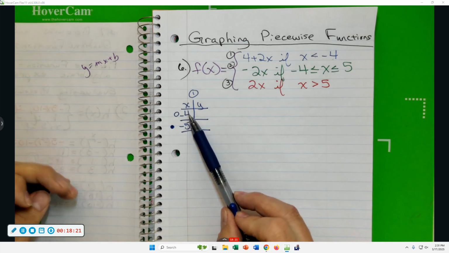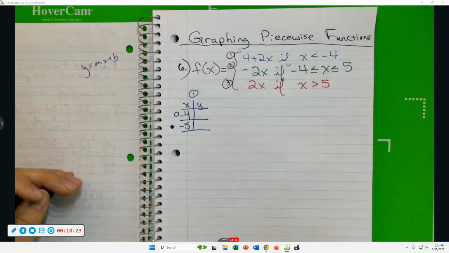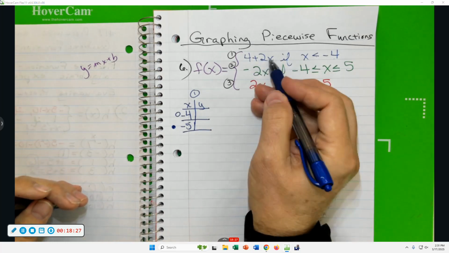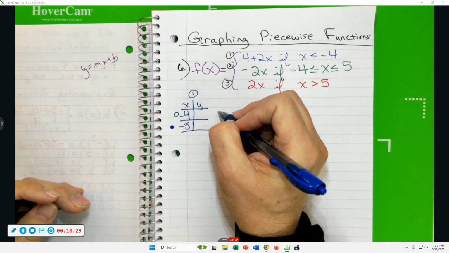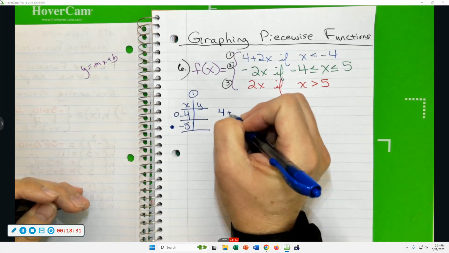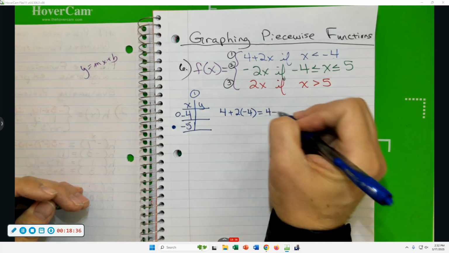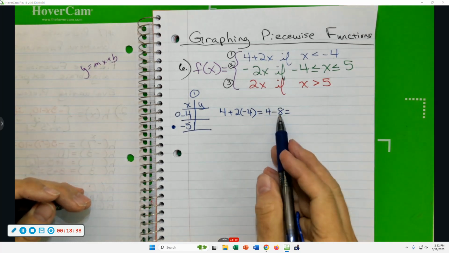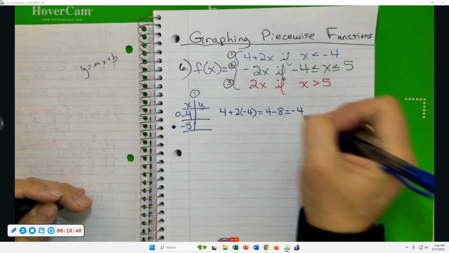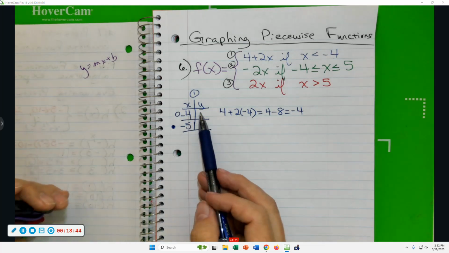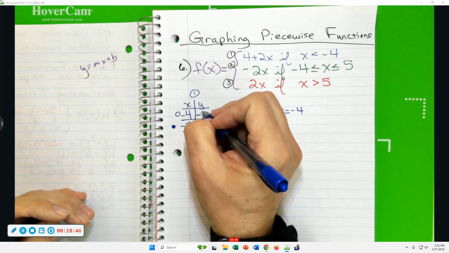Let's plug in -4 into the blue piece. We have, let's see, what's that going to be? We're plugging in -4. That's going to be a 4 plus 2 times -4. That's a 4 minus 8. 4 minus 8 gives me a y value of -4. That's just a complete coincidence that the y value is also -4.